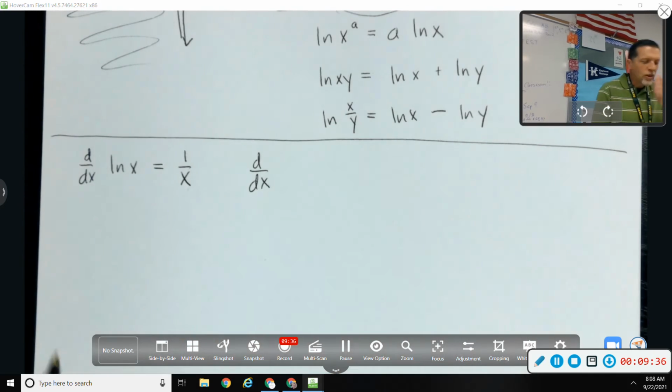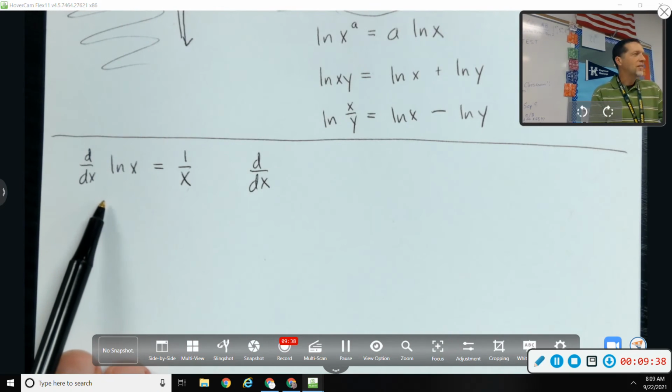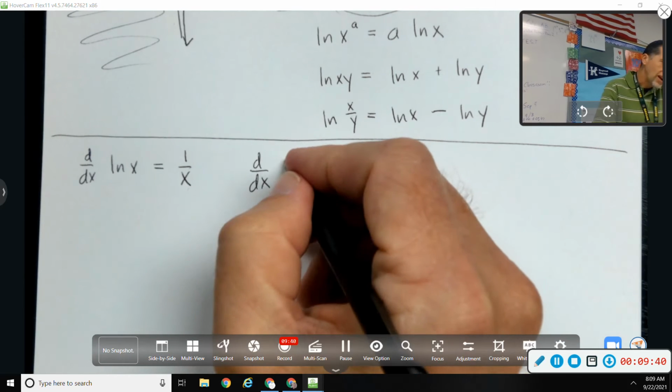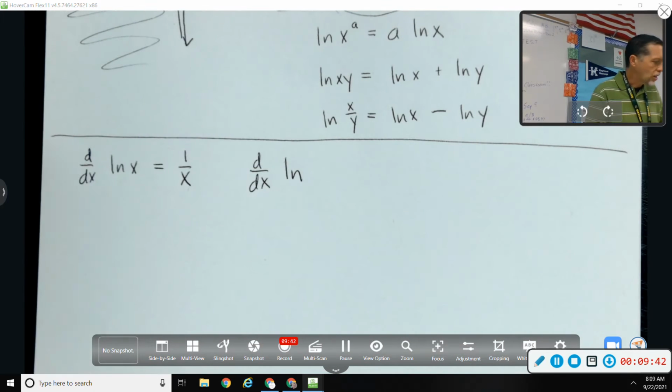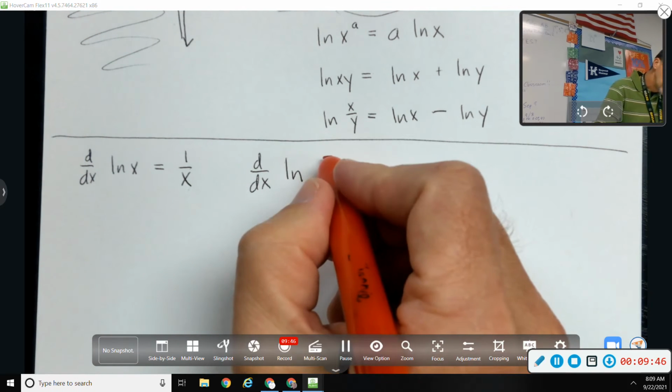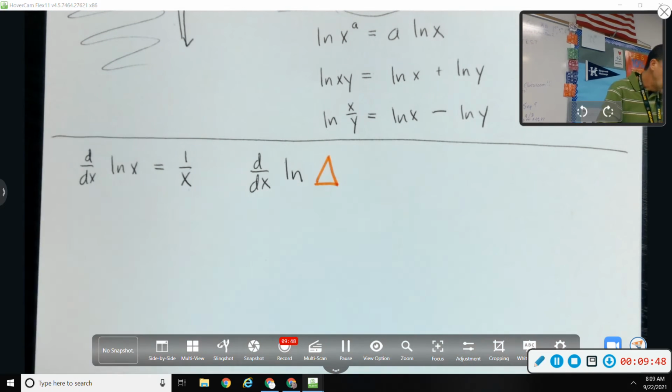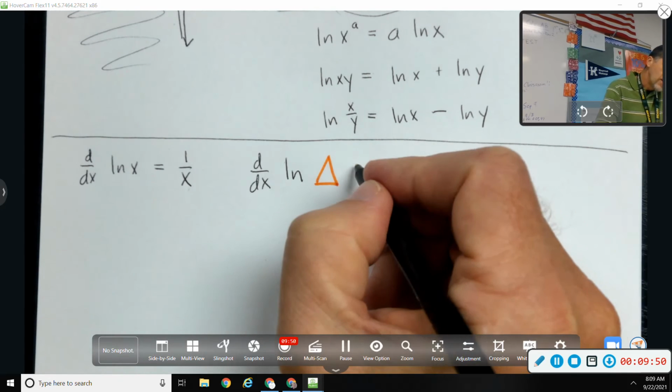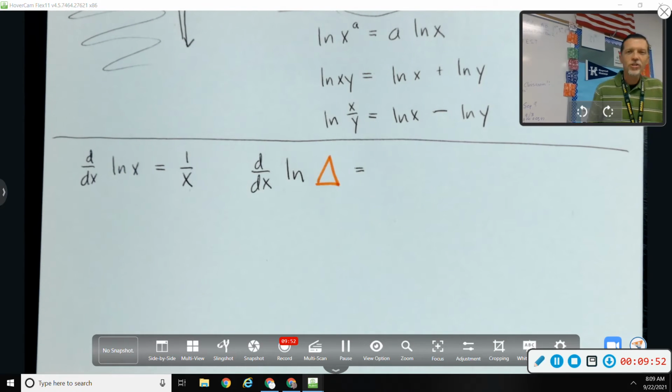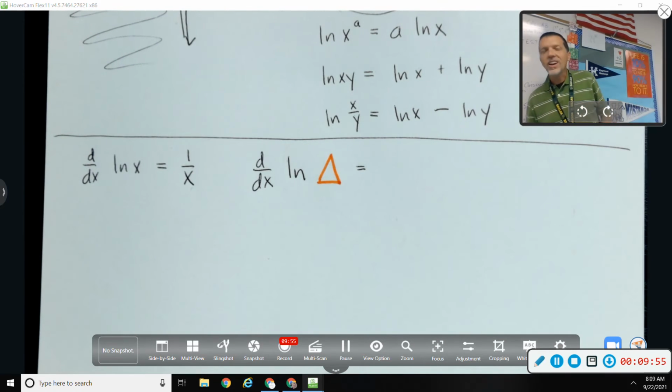But it's pretty rare that we would have you just take the derivative of natural log of x. Usually it's going to be the natural log of something else, so that the chain rule gets involved. So let's take the derivative of the natural log of an orange triangle, or just a triangle, or whatever color triangle.